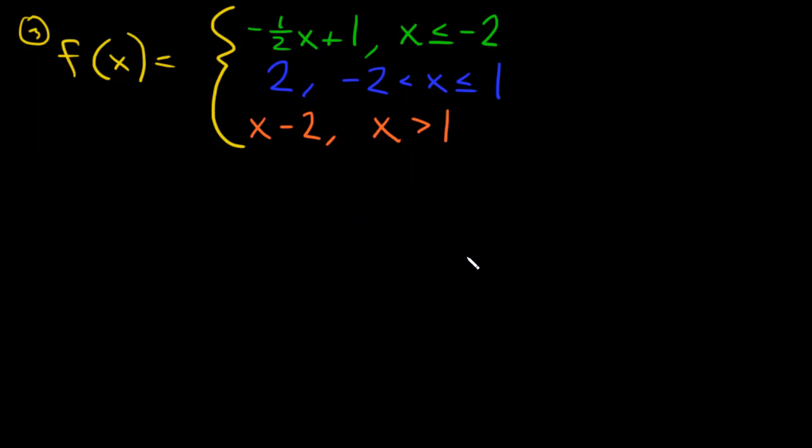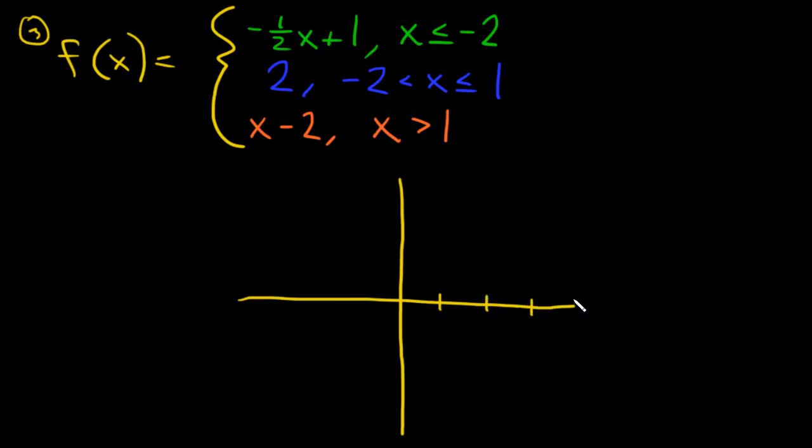Okay? So I'm going to go down here and make a nice big graph that I can use. Try to spread this out a little bit. 1, 2, 3, 4. 1, 2, 3, 4. Something like that. Okay.